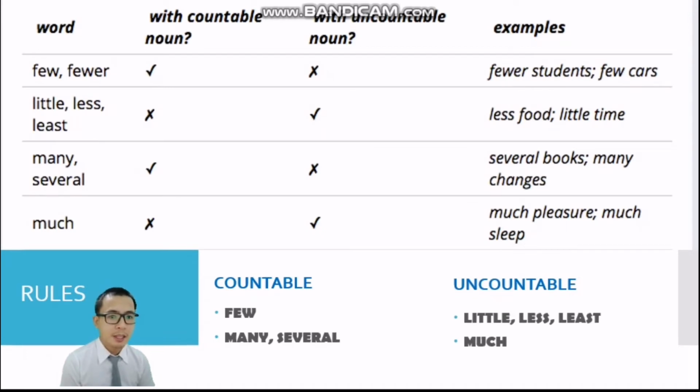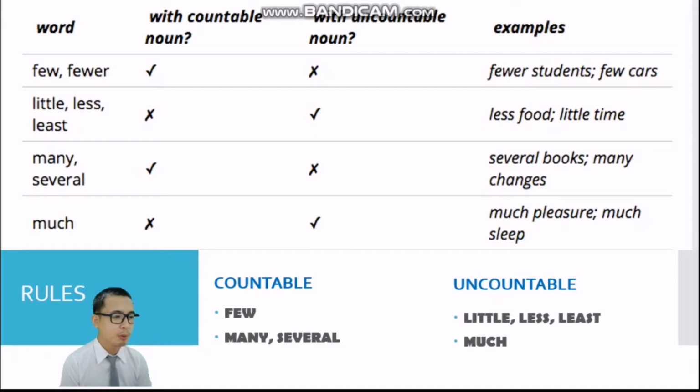Take note that the expression of quantity for countable nouns is different from uncountable nouns. This chart shows how to properly quantify countable and uncountable nouns. For example, countable nouns usually come with few, many, or several before the noun, while uncountable nouns go with little, less, least, much before the noun.